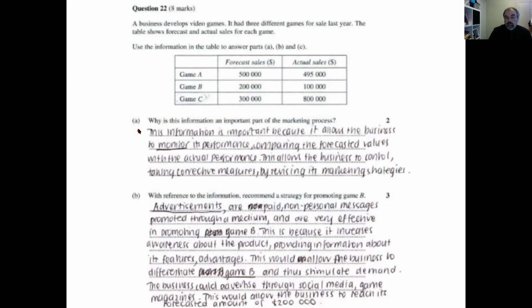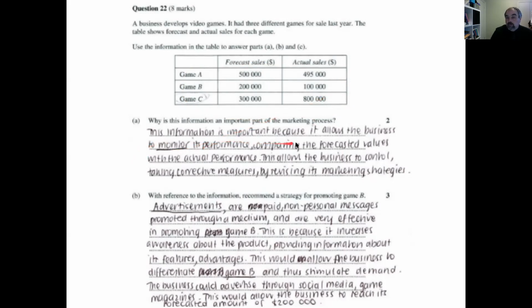Now, notice the verb in the first question, why? Why is this information? So why means give us reasons that this is an important part of the marketing process. If you know the marketing process, that's our SMEDI word that we looked at in the previous video, then this information, it's financial information, which is in the last section of the marketing plan, would help us to make future decisions.